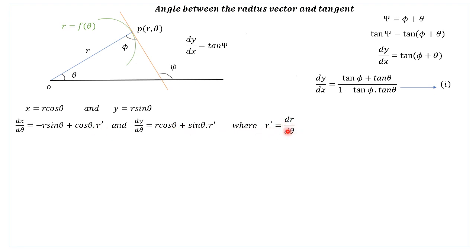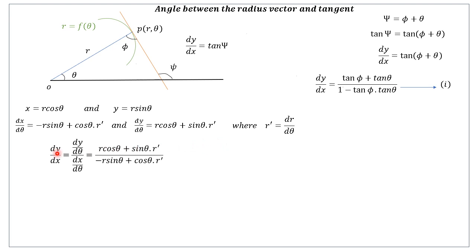Similarly, dy by d theta is equal to r cos theta plus sin theta into r dash, where r dash is dr by d theta.